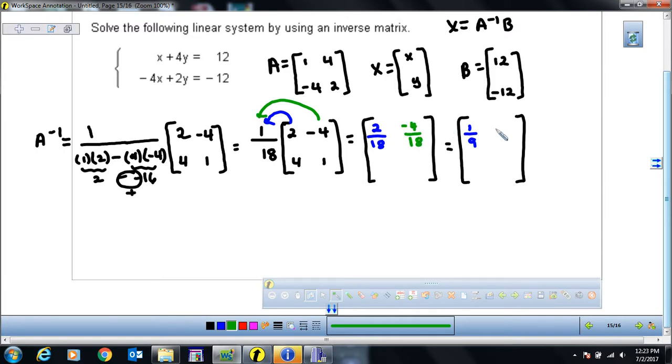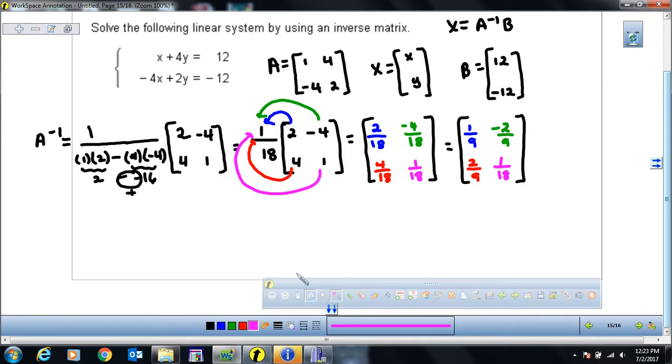We can reduce that by 2, and that gives me negative 2/9. 4 times 1, it's going to be 4/18. We can reduce it to 2/9. And last but not least, 1 times 1, it's going to be 1 over 18. It's going to stay as 1/18.